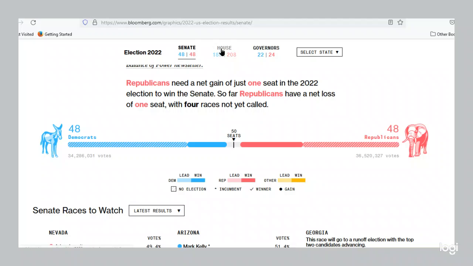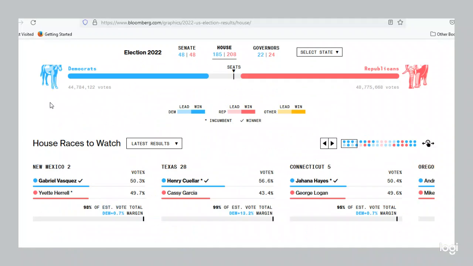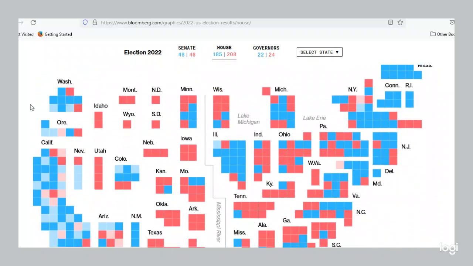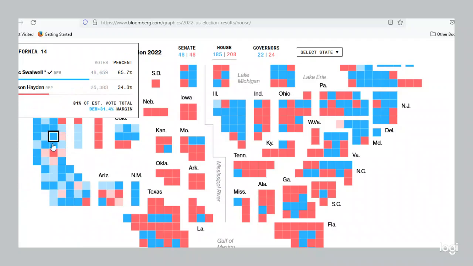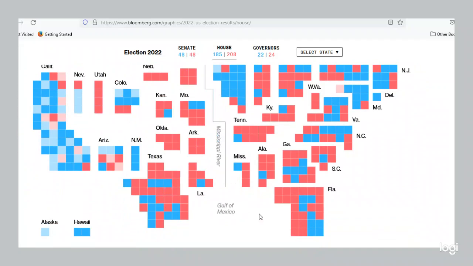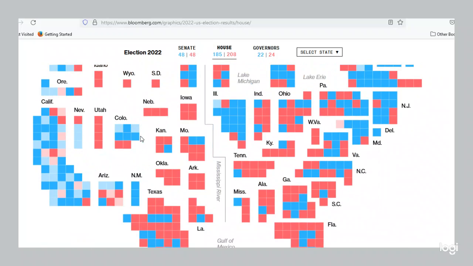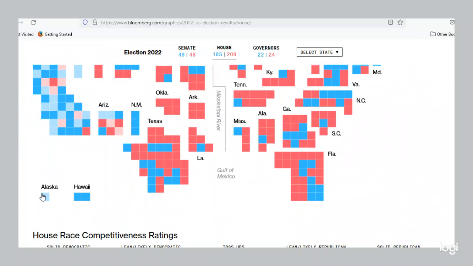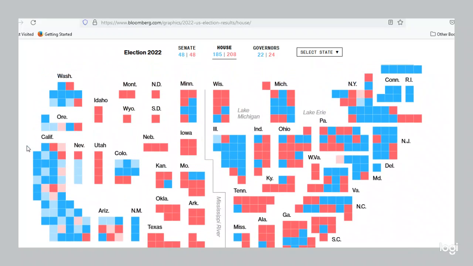If we go to Bloomberg here, they actually have a kind of map of the United States where there are little squares representing seats, right? So look at all these seats for California, for Texas, for Florida, lots of them. Whereas smaller states, like Nebraska, Arkansas, Alaska, Hawaii, have lower population and few seats, right?